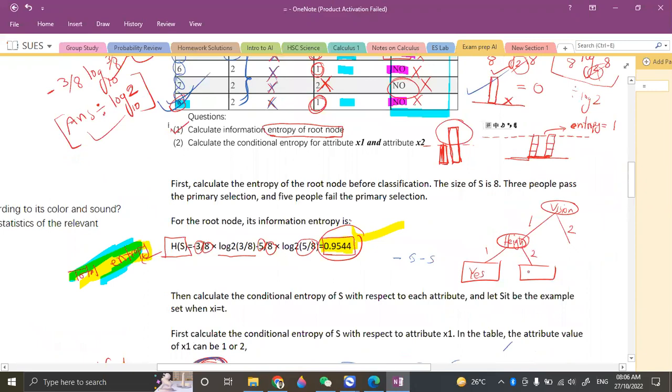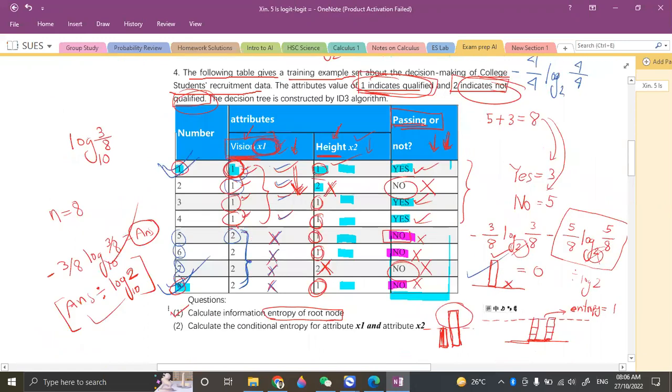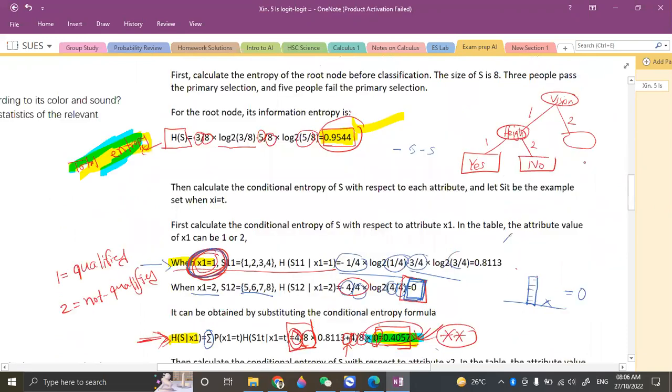And if height is not qualified, then it is not selected, so no. And for vision, if vision is not qualified, that means here, this 4, then he is not selected, right? So the leaf node will be no. Leaf node means the final node where we don't divide or split further, okay?